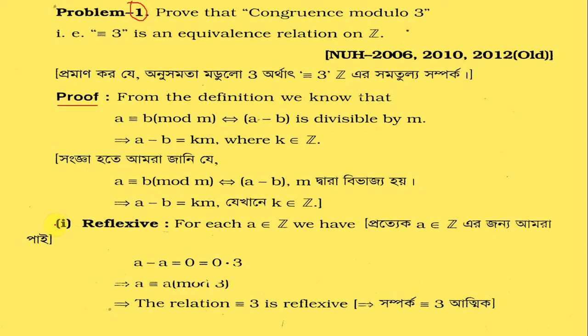Now we will check whether the relation is reflexive. For each a belongs to Z, we have a minus a is equal to 0, which we can write as 0 multiplied by 3, which implies a is congruent to a modulo 3. The relation congruent modulo 3 is reflexive.